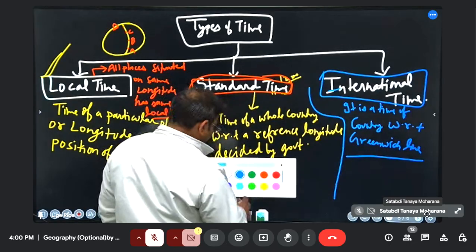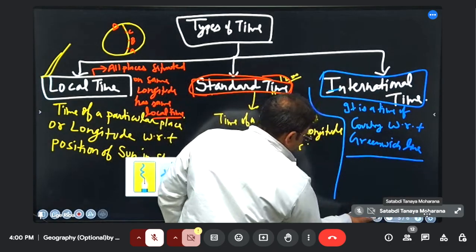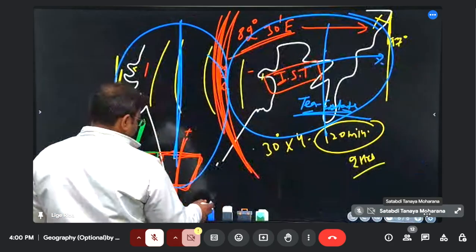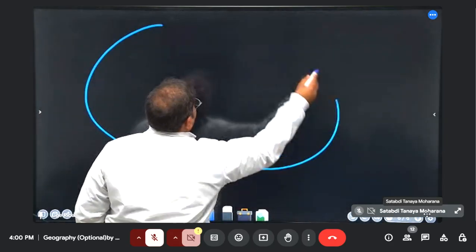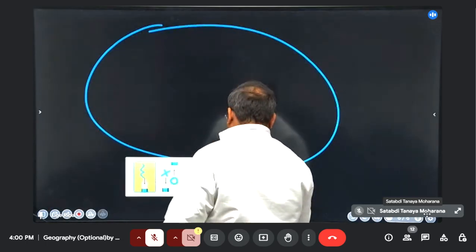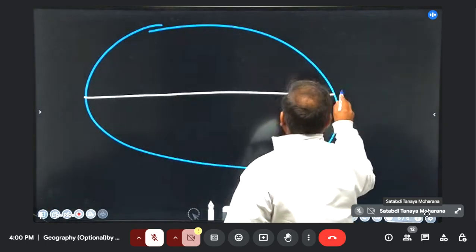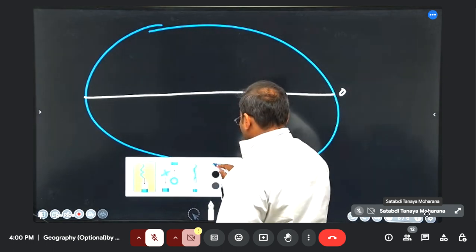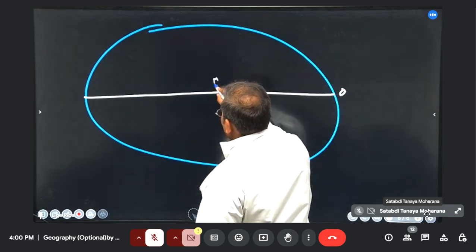See, what does it mean? For that, consider Earth. Say this is the world map. On the world map, let's see where the Greenwich line is. This is the equator. This is Africa.